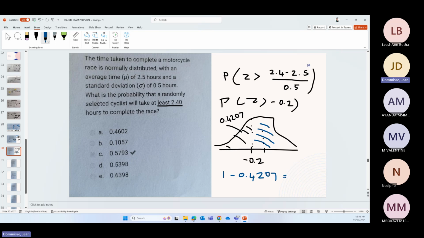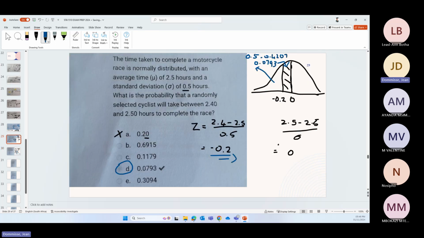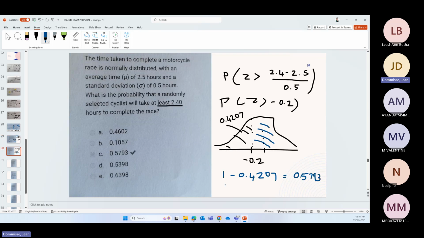So that will be 1 minus 0.4207 is 0.5793. Or we could have said from the previous one, we know this area is 0.0793. So we could have said 0.0793 plus 0.5. So that will also give us 0.5793.